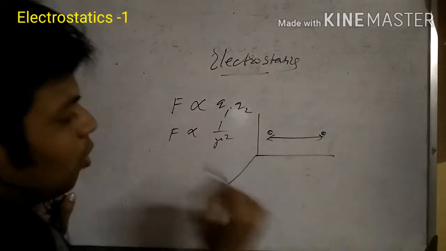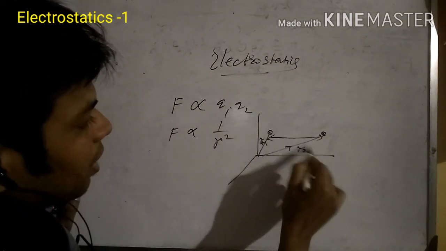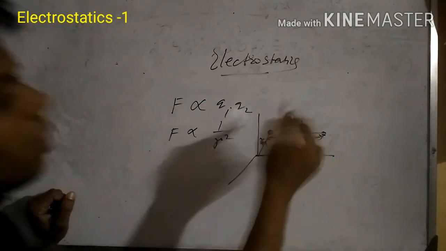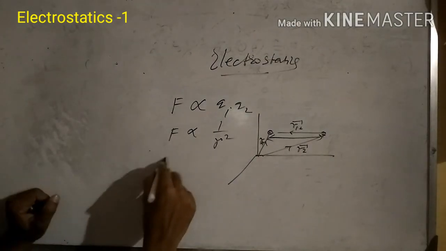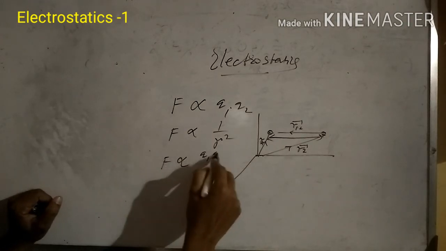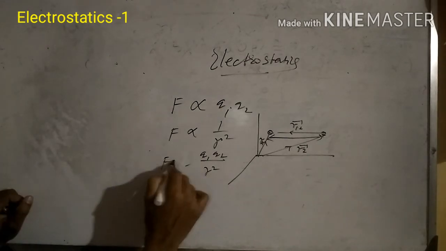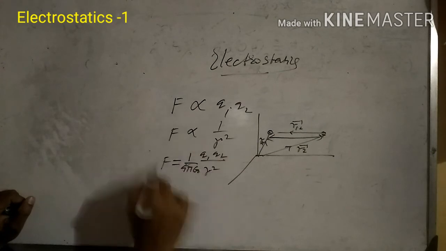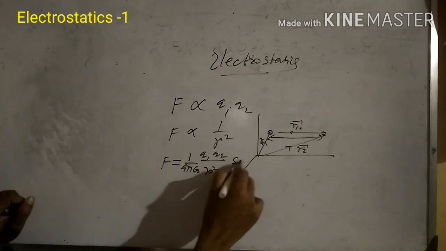If we take a coordinate system, this is R1 and this is R2, then the relative vector is R12 or R21, whichever we take according to our requirement. Then we get Coulomb's law by combining these: Q1 Q2 by R square, and when we take the constant 1 by 4 pi epsilon 0, we get the total formula F equals Q1 Q2 by 4 pi epsilon 0 R square in SI units.